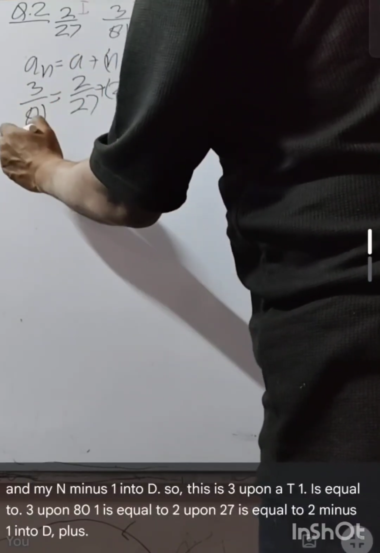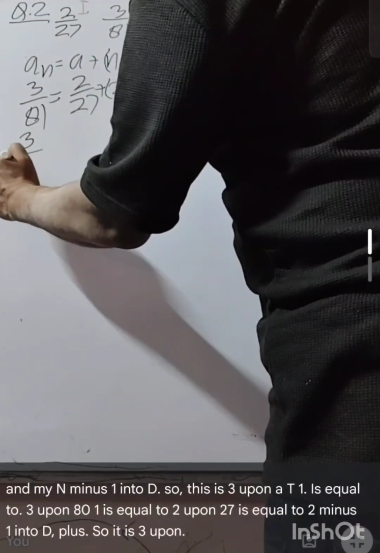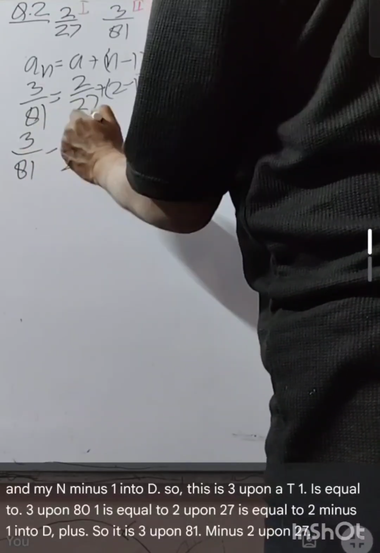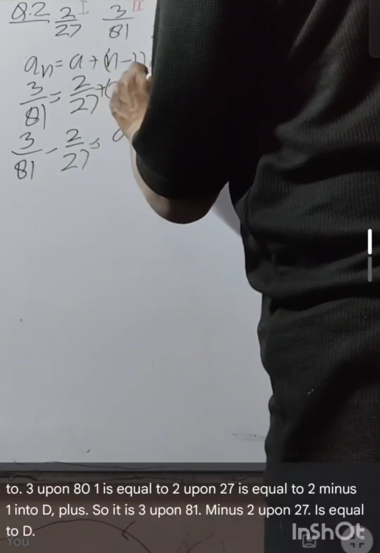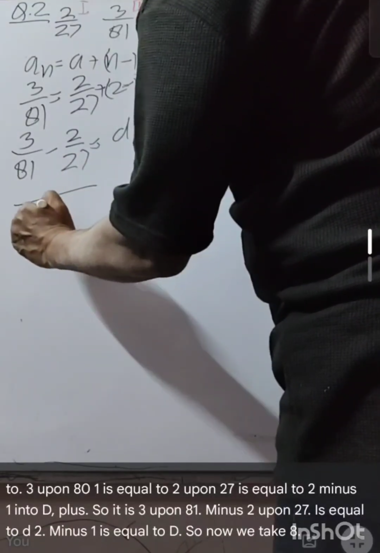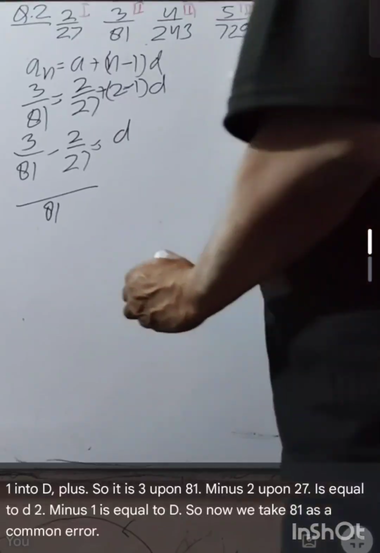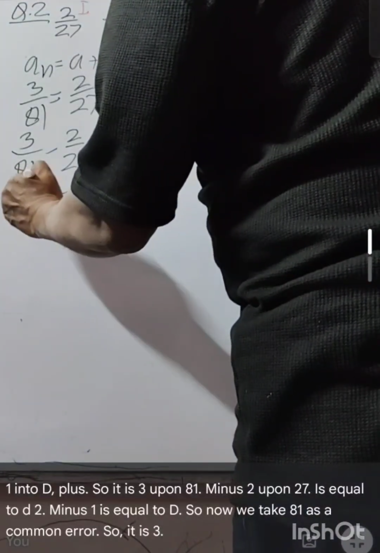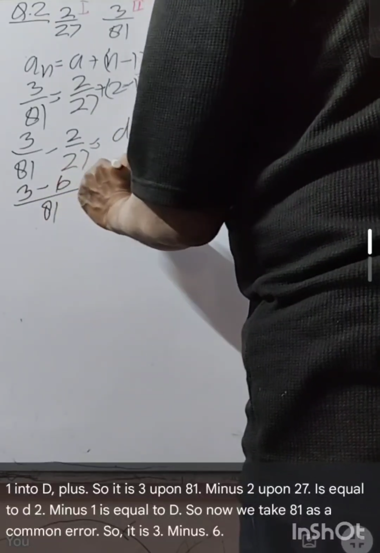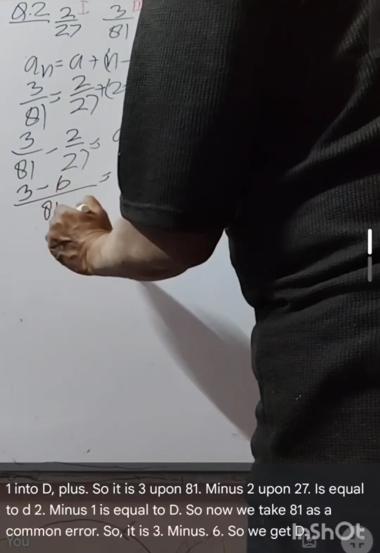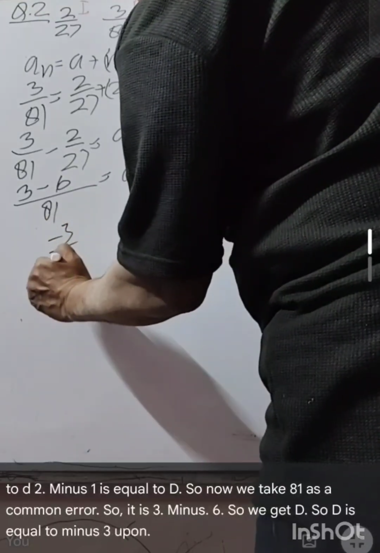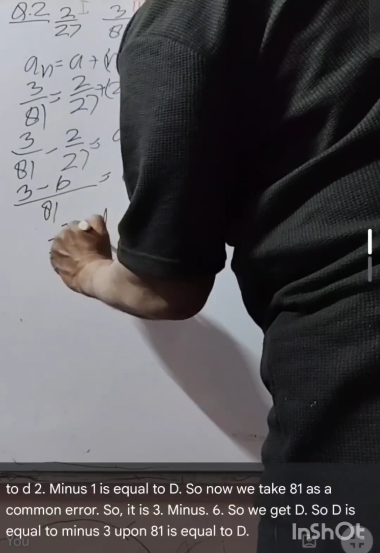So it is 3 upon 81 minus 2 upon 27 is equal to d. 2 minus 1 is 1. Now we take 81 as common here. So it is 3 minus 6. So d is equal to minus 3 upon 81.